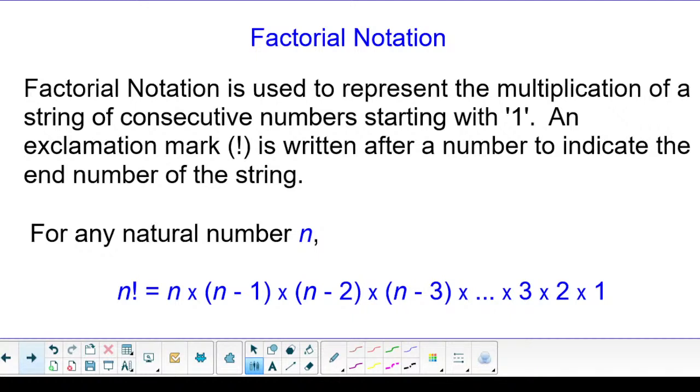Factorial notation is used to represent the multiplication of a string of consecutive numbers starting with 1.